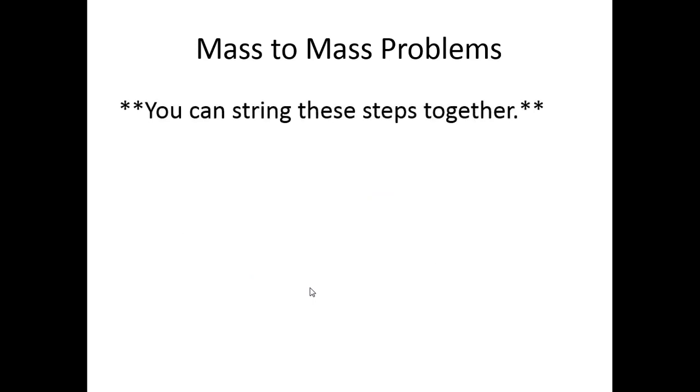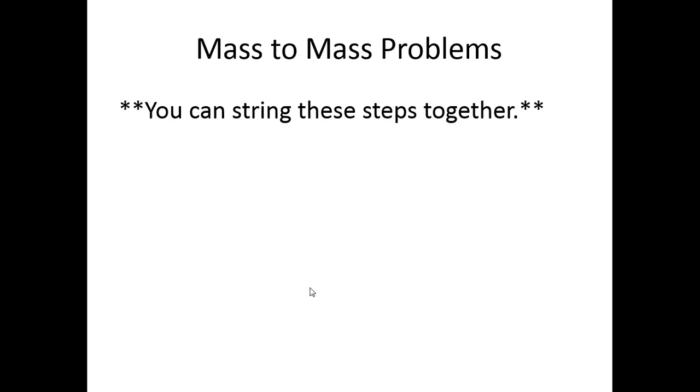Now this might seem like a lot of work for one simple calculation, but we can make it go faster if we string these steps together. If you remember doing practice factor label problems when we first learned how to do them, you can put multiple steps in one calculation. So if we take the 4 steps that we just went through, the first one was balance the equation, so that doesn't really have any math that goes with it.